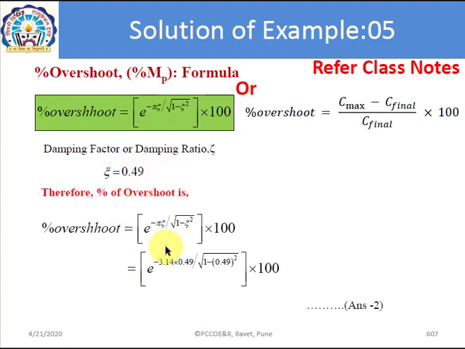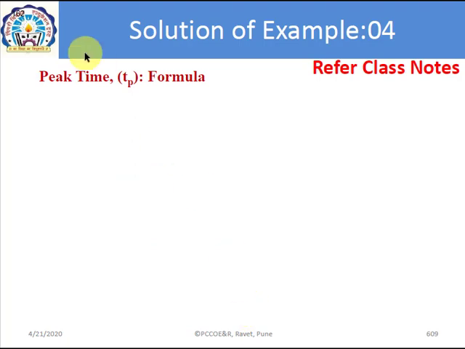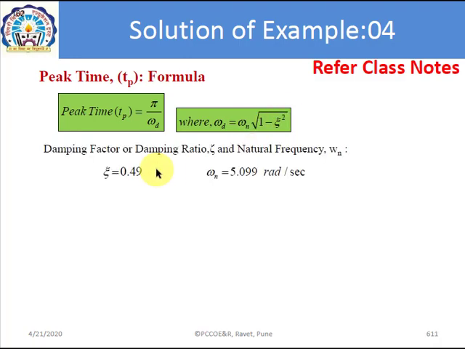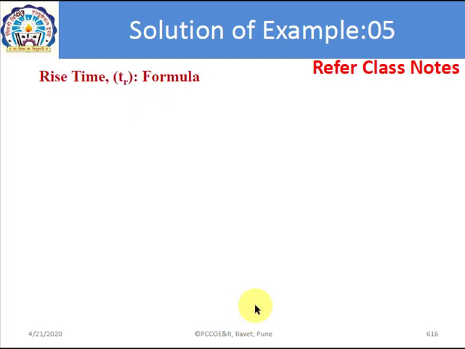After substituting in this formula, percentage of overshoot MP is approximately 17.12%. Peak time is given by the formula pi upon omega d, where omega d is equal to omega n under root 1 minus zeta square. Since we have the zeta value and omega n value, we can substitute in this formula. We will get a peak time Tp approximately equal to 0.706 seconds.